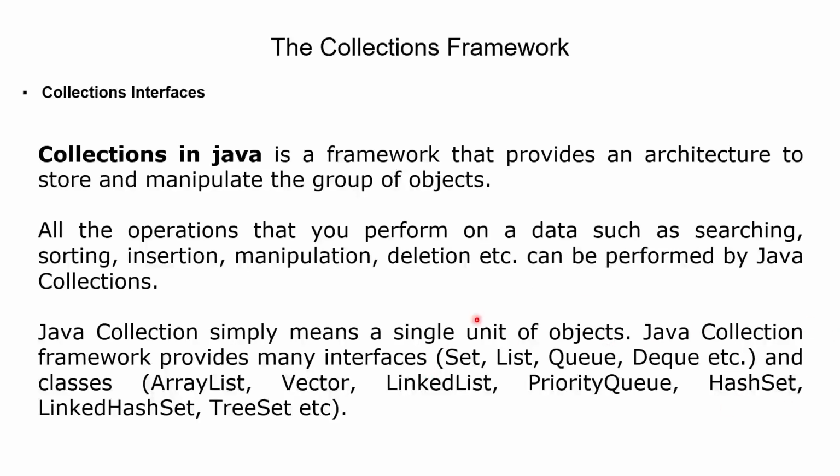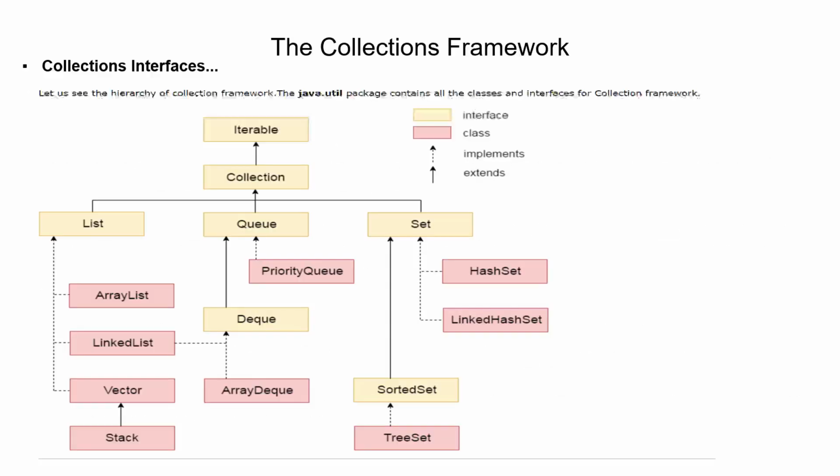In the next slide, we'll have a look at the classes and the interfaces that inherit from Java collections, and we will get to see how they all relate to one another in the hierarchy. So here is the inheritance hierarchy. We can see here the yellow is an interface, and the pink is a class.